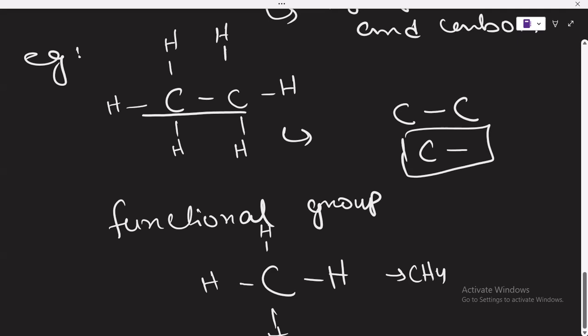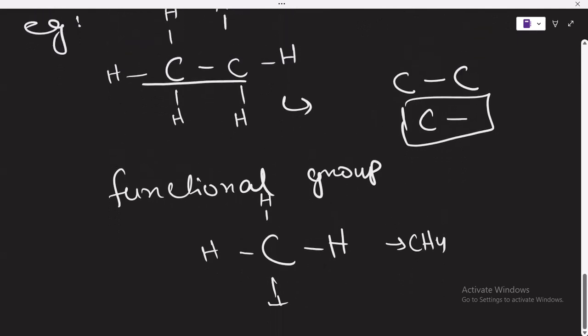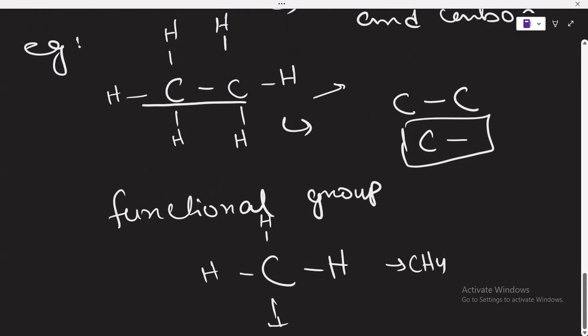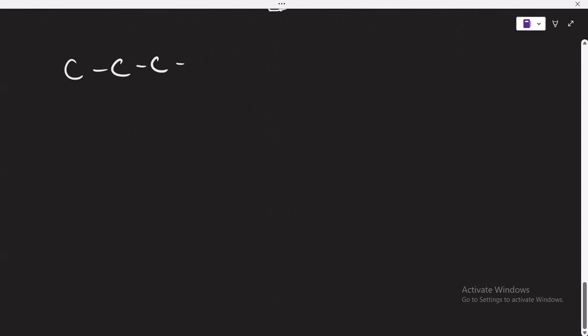Now if I talk about some more alkanes, this was CH4, and this here was C2H6. Let's say I talk about a 3-carbon alkane and draw the structure, and we will get into the detail of how to make these structures.